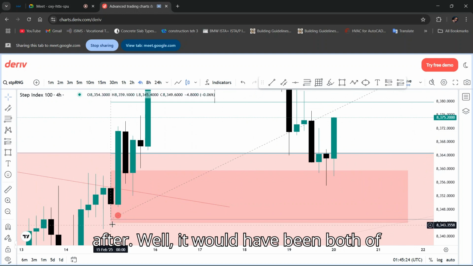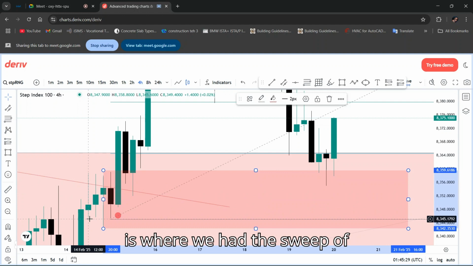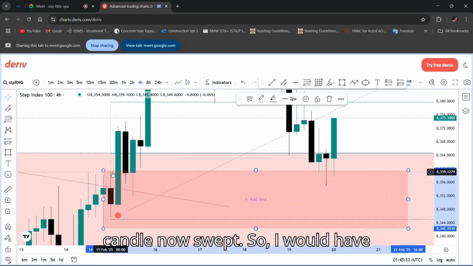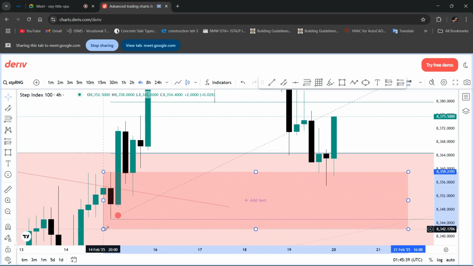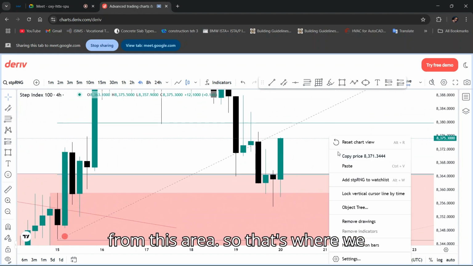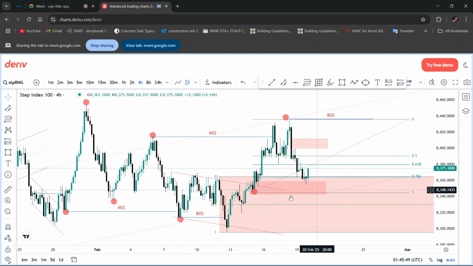Well, it would have been both of these candles, because this green candle is where we had the sweep of liquidity on this side, and then this buy candle now swept. So I would have highlighted both of these candles here as the order block from this area. So that's where we had the engulfing.